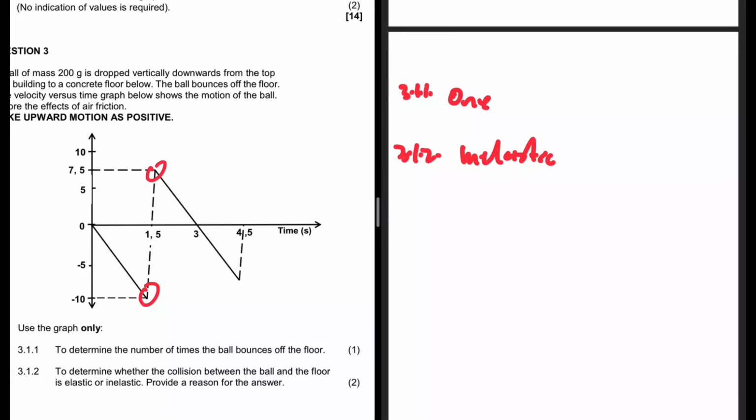Clearly, 10 meters per second is not equal to 7.5 meters per second, so the collision is inelastic. The collision will be elastic if it strikes the ground with a speed of 10 meters per second and leaves the ground with a speed of 10 meters per second. Speed, not velocity, because if we're talking about velocity, we then have to talk about the direction.